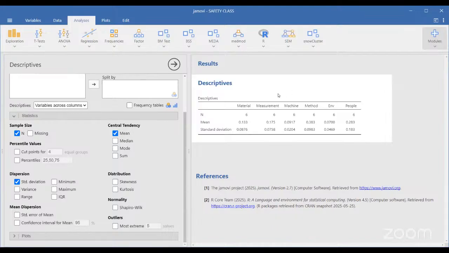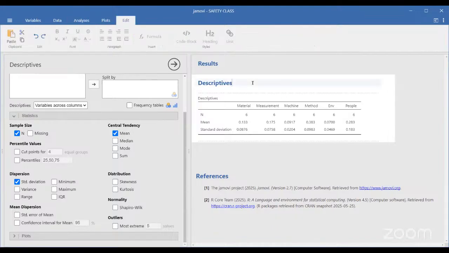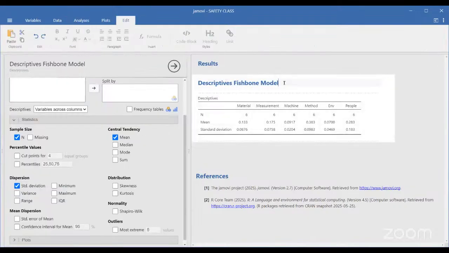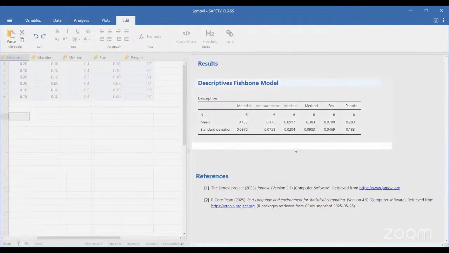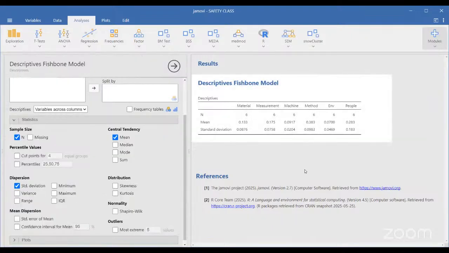Now this indicates which factors are contributing maximum. Can anybody interpret the data? Method, people, and then material.